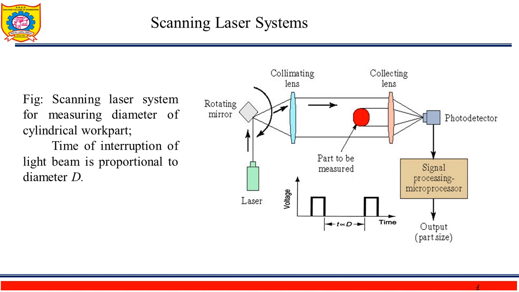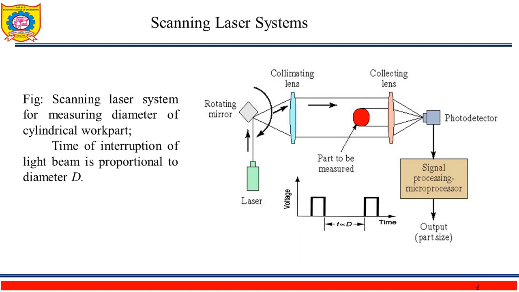Scanning laser system. The figure shows scanning laser system for measuring the diameter of cylindrical workpart. The time interruption of the light beam is proportional to the diameter d of the component. Now see, this scanning laser system consists of a light source, that is laser. There is one rotating mirror as shown in the figure.